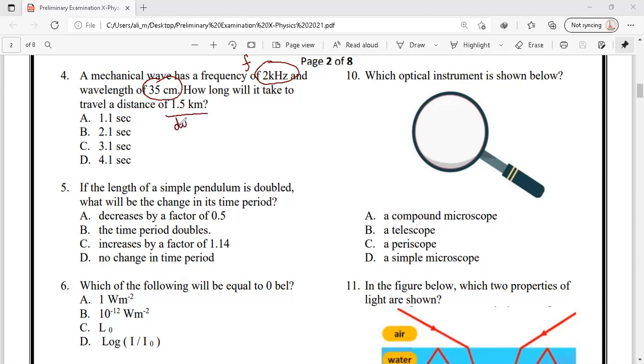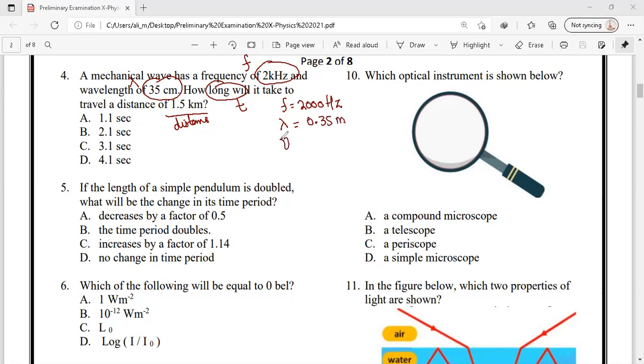So we have our distance. How long means we have to find the time. We have frequency and we have wavelength. So frequency would become 2000 hertz, since 2 kilohertz is 2000. Wavelength lambda is 35 centimeters, that makes 0.35 meters.